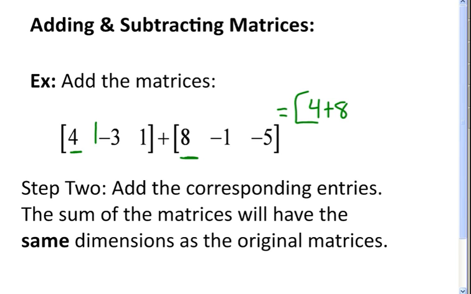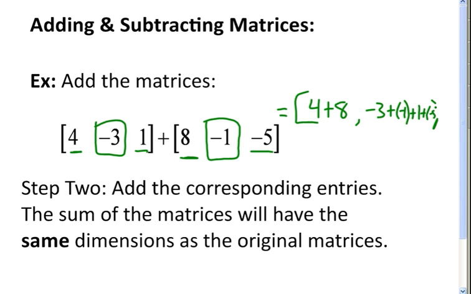Then -3 plus -1, and then 1 plus -5. So what we have here is 12, -4, and -4.